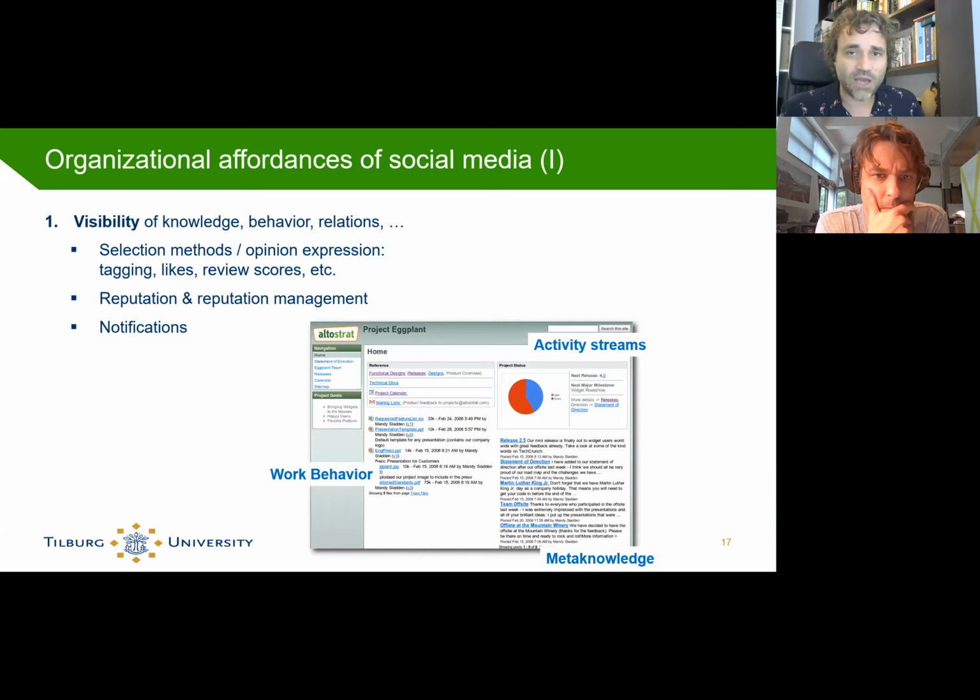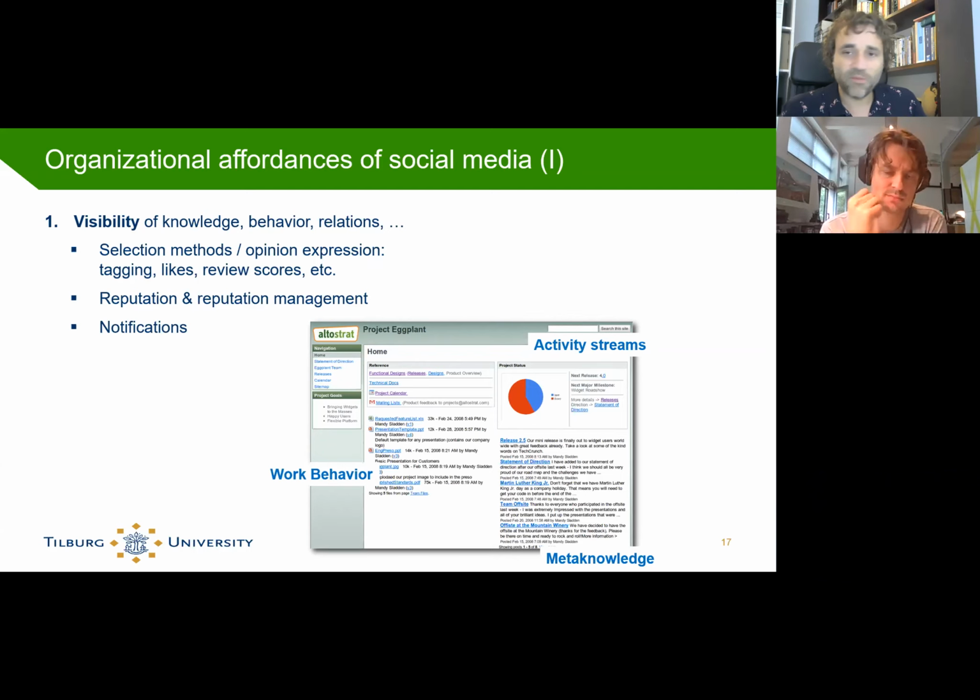So it becomes kind of a knowledge base. The things that you do remain visible: your knowledge, people's behaviors and expertise, and also people's relationships, which of course is very useful in an organization and in our ordinary lives as well.